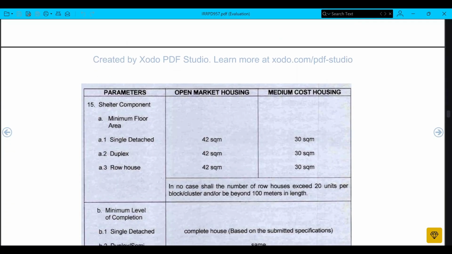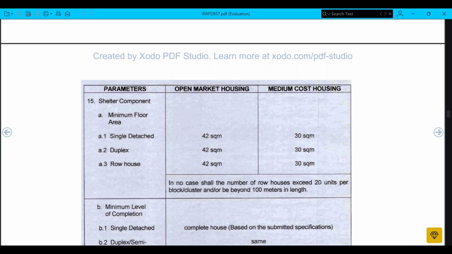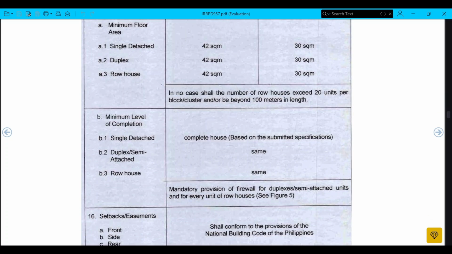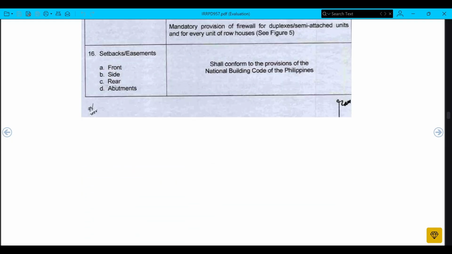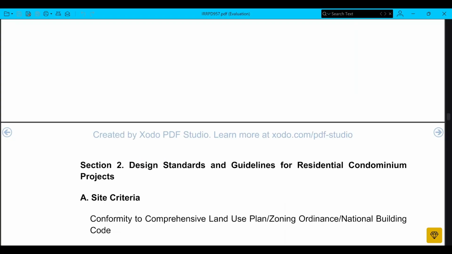The shelter component, the floor area, the minimum level of completion, the firewall, and the setback. So I'll pause here first.